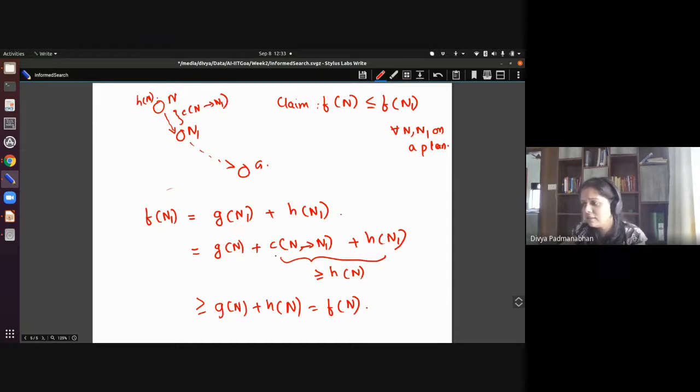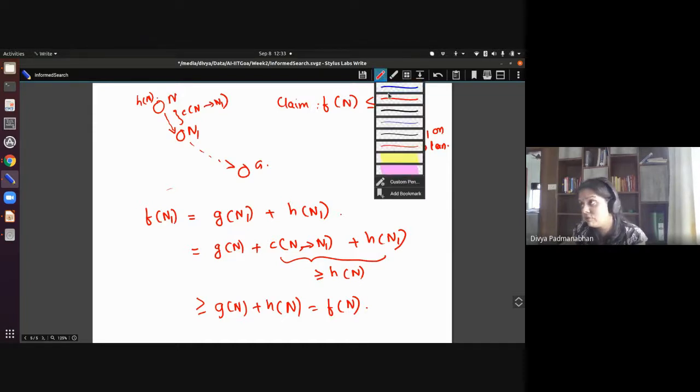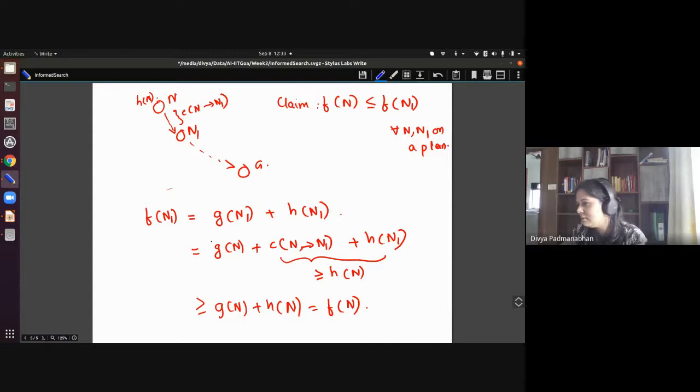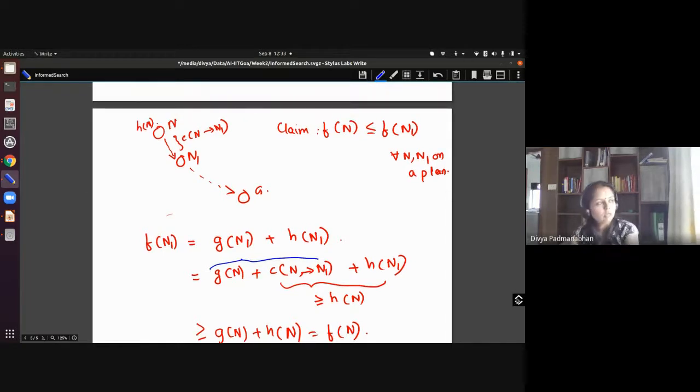The step I find unsatisfactory is g of n1 being equal to g of n plus this cost. You can have some other path which comes this way, and that could have a lower g value.